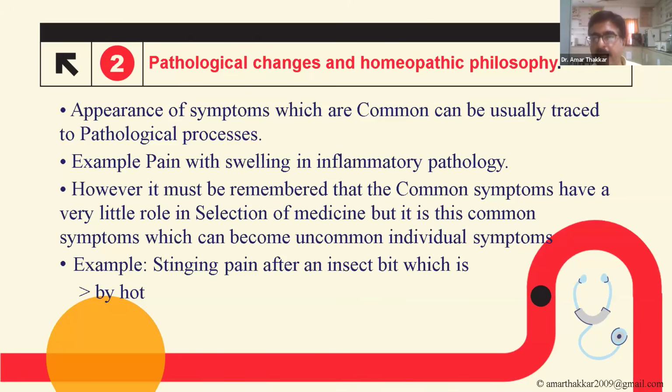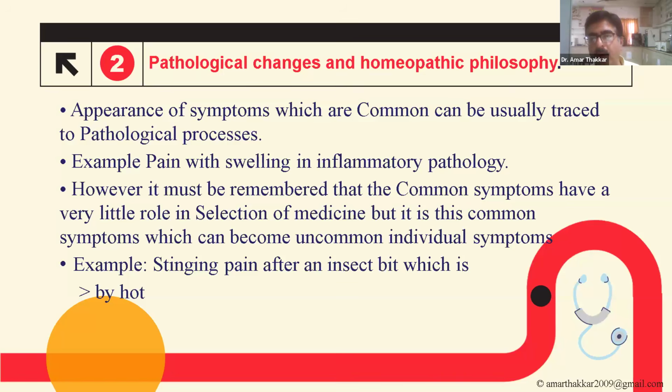When you have studied inflammation under pathology as a subject, you have studied that pain and swelling are cardinal signs of inflammation. So here this premise that appearance of common symptoms can be traced to pathological processes is true.